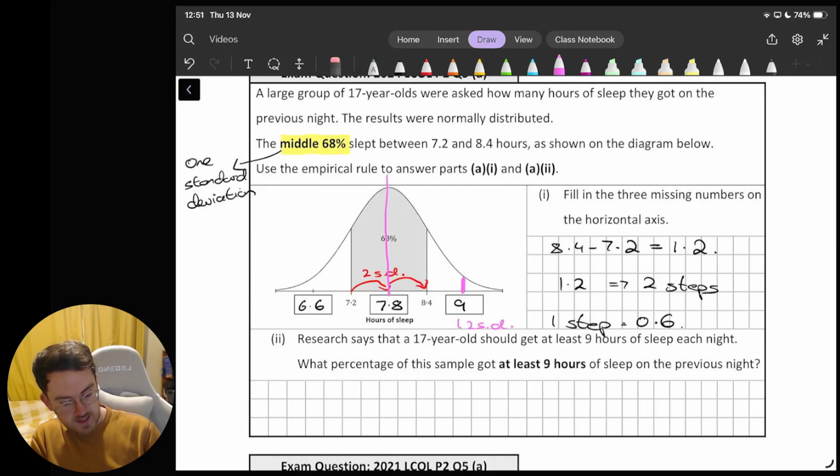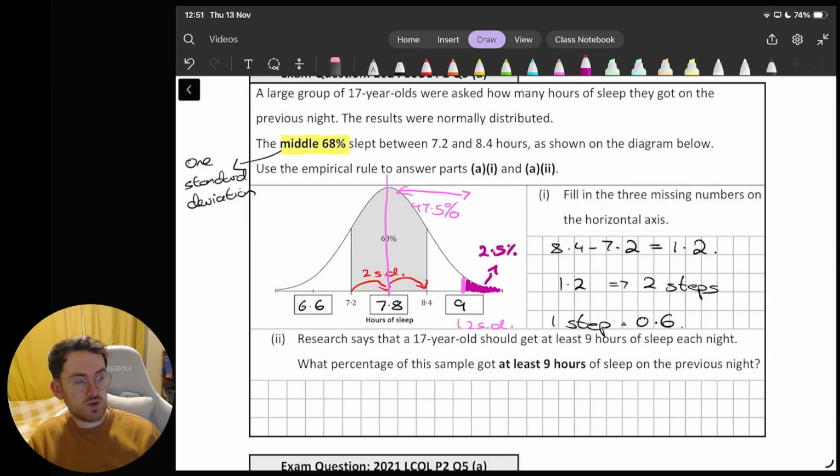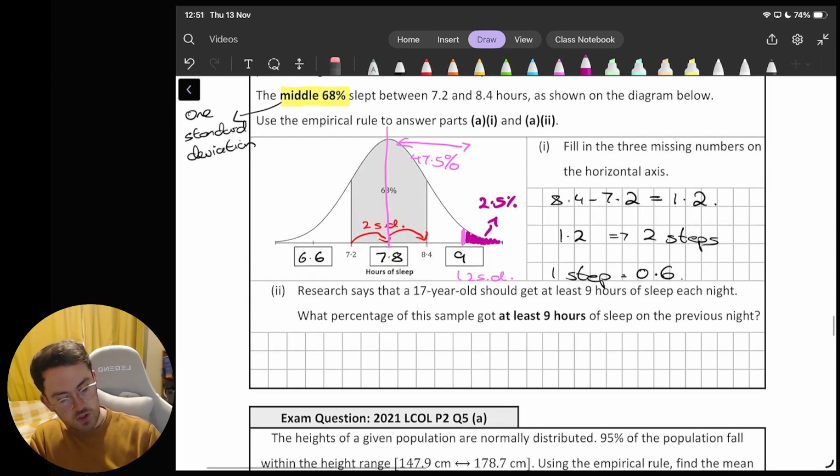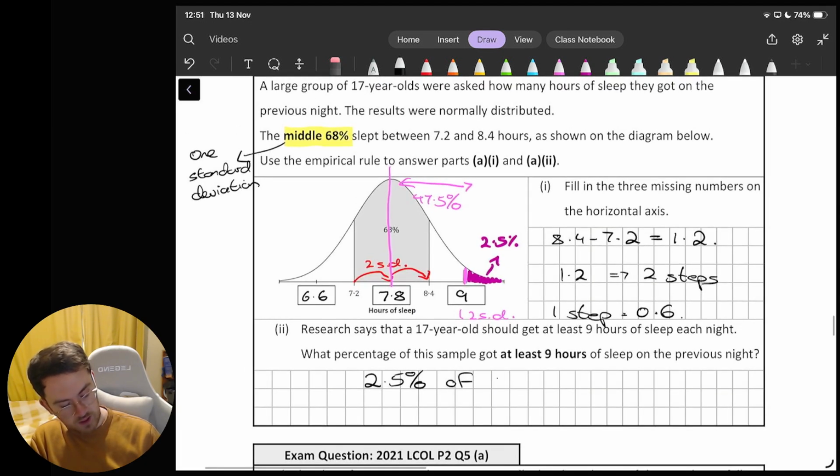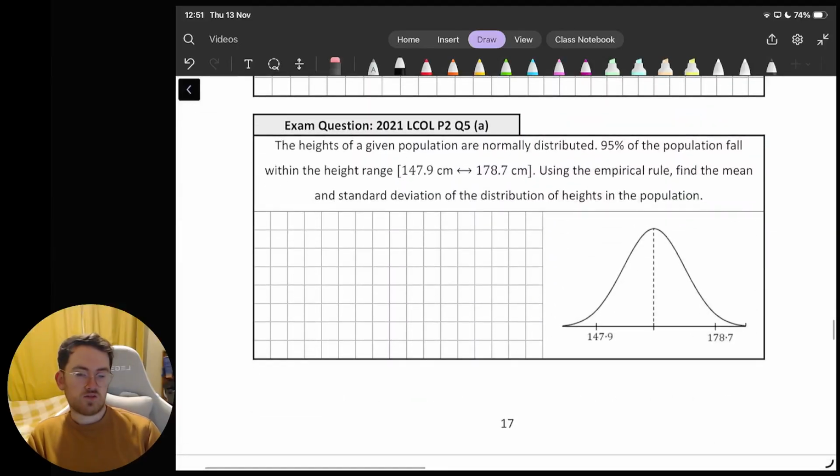If I'm only looking at this half, then half of that 95 is 47.5%, which leaves a little 2.5% up to the outside here. So there were 2.5% who got at least 9 hours. They got 9 or more. So 2.5% of 17-year-olds. We're not actually asked to work out how many. So 2.5%.